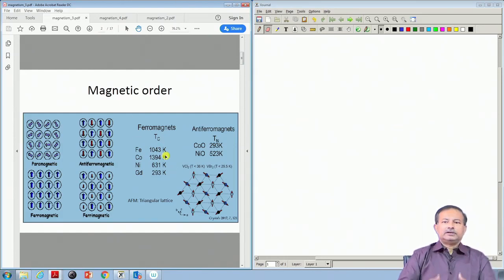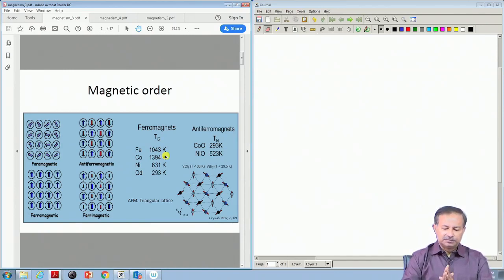When something orders, there must be a scale, right? There is an interaction that tries to order these magnetic moments, and that sets a scale, and that scale has to be surpassed by temperature to make the system random.